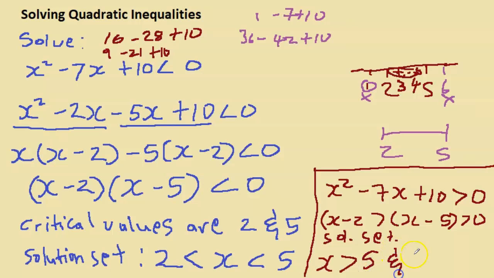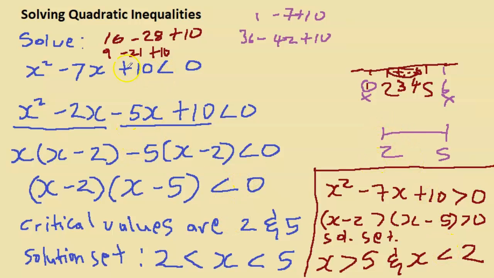And x is less than the smaller critical value. And the smaller critical value is positive 2. Good? And that would be your solution set if it was greater than 0. So greater than 0, solution set, x is larger than the higher critical value, or less than the smaller critical value.